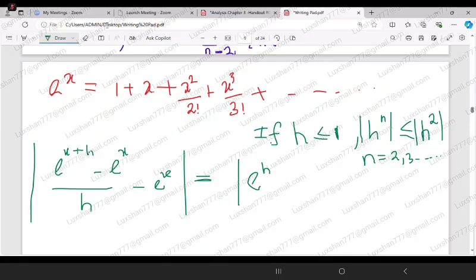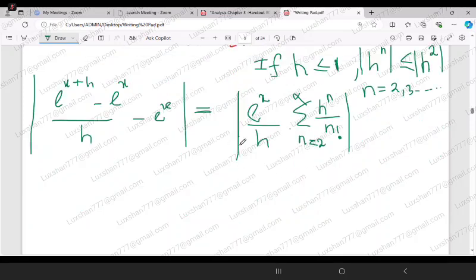Therefore, now this is equal to, we know that mod of e to the power x over h into summation of h to the power n over n factorial, where n goes from 2 to infinity. Now e to the power x is always positive, so you can take it out.